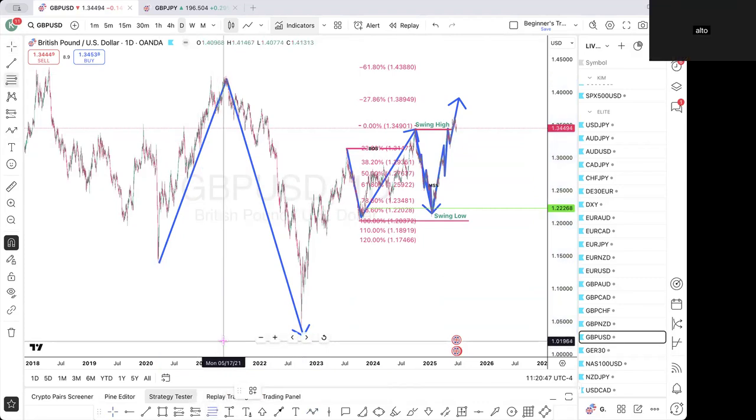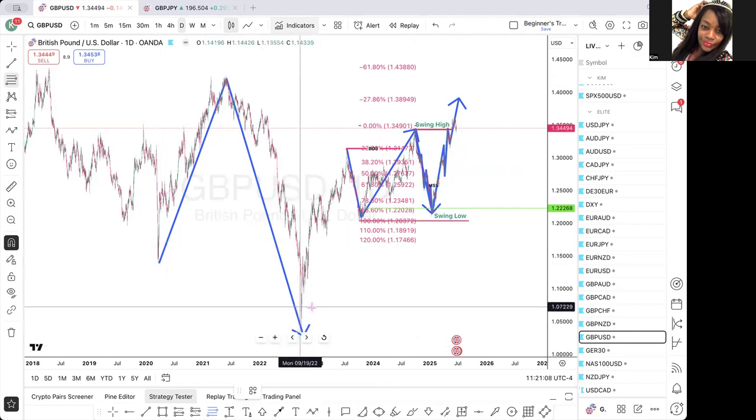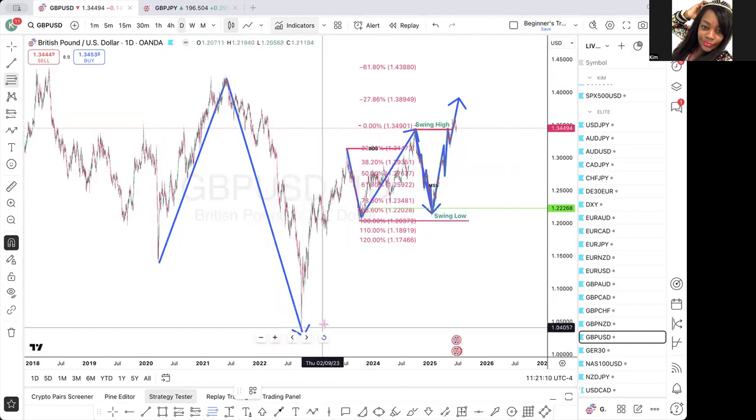That higher high that you just marked up, right? At the top near. It could go there, yes. But what would I be looking for, whether I'm internal, higher time frame structure?